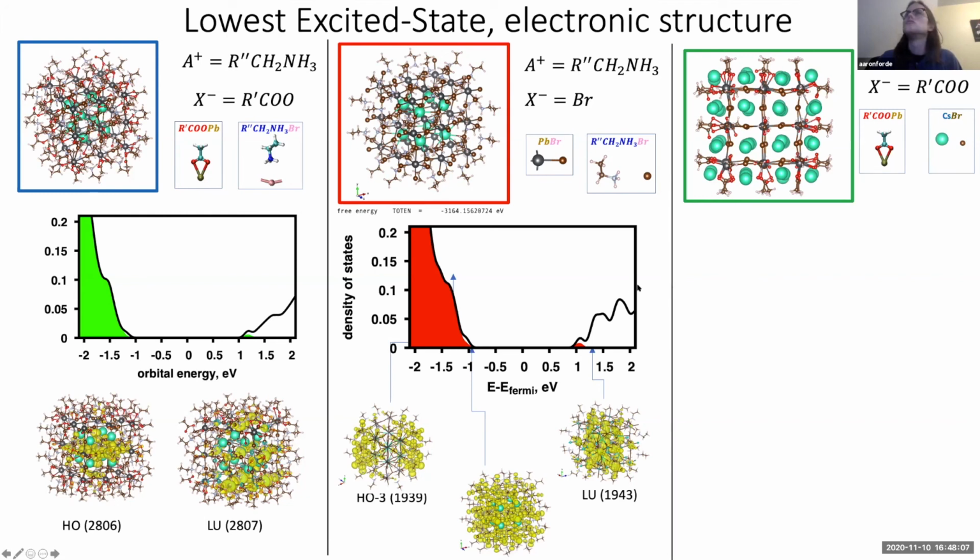I guess this one shows two of the models. This must be an old set of slides. I have the third one somewhere too, but the main takeaway is that if we look at the density of states, we can see for each of the plots that there's some color in the conduction band where you would expect the LUMO to be, and there's a lack of color in the valence band where you expect the HOMO to be.